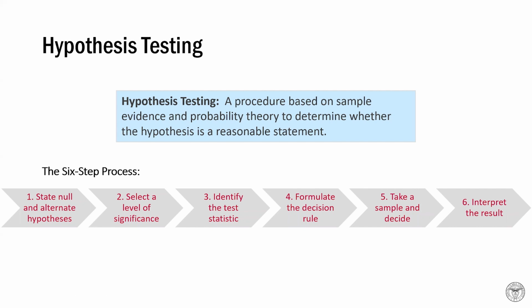The third step is to identify the test statistic, such as the z-value or t-value that we have discussed previously. In the fourth step, based on what we have in the previous 3 steps, we formulate the decision rule. In step 5, we collect data in a way designed to test the hypothesis and decide whether to reject or fail to reject the null hypothesis.